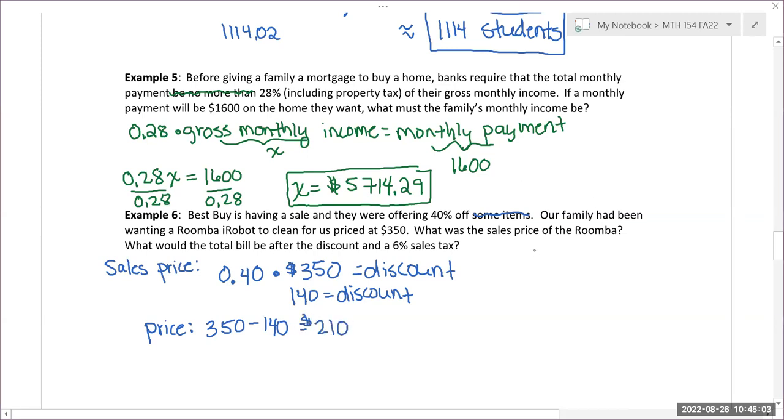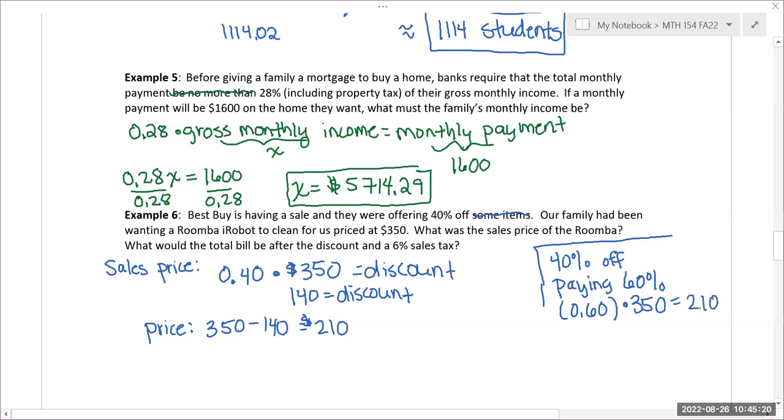Now, another way you could do that is if you don't want to do the 2 steps, if you're getting 40% off, then you're paying 60%. So you could do 60% of the price to also get the 210. But if that doesn't work, keep it as the 2-step.